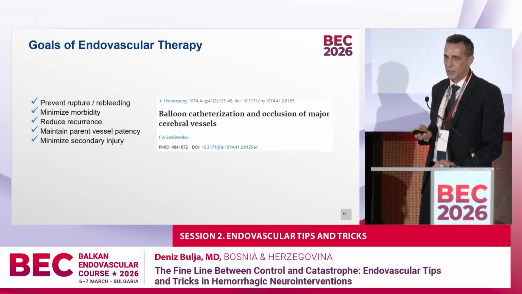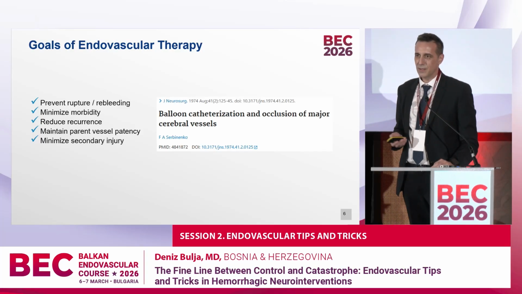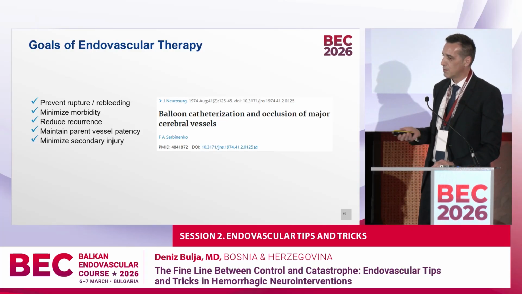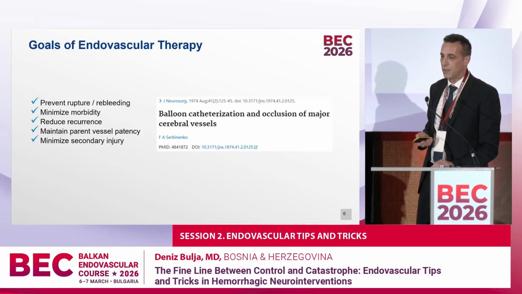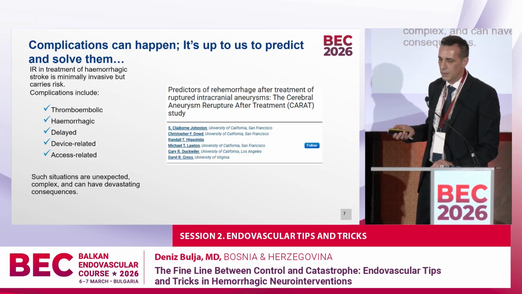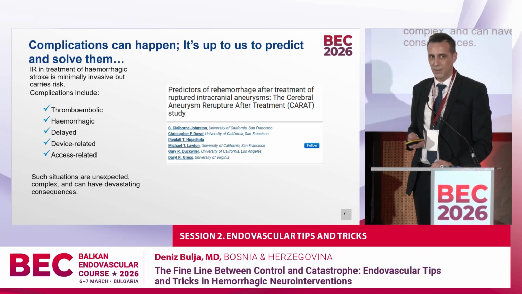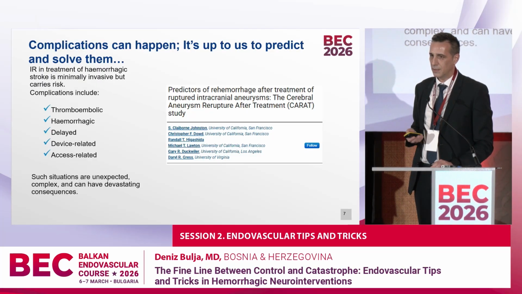The goals of endovascular therapy have remained the same for 52 years, since the first report about endovascular treatment appeared in 1972: prevent rupture, minimize morbidity, reduce recurrence, and maintain parent vessel patency. We need to do that in order to avoid complications, which are roughly divided into 5 categories: thromboembolic, hemorrhagic, delayed, device-related, and access-related.